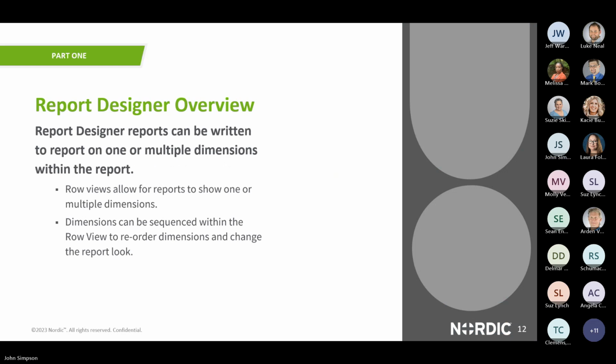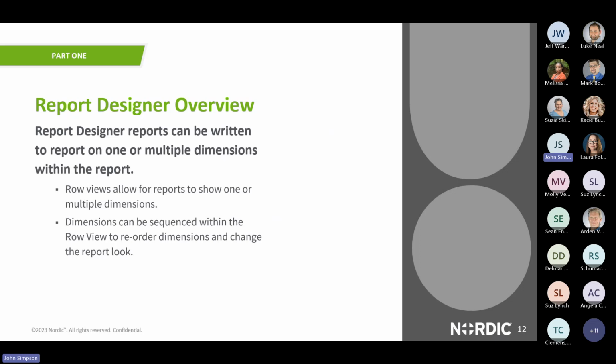Just to bring this back, like I was talking about before when we were talking about report view, you can make one or multiple dimensions in your reports, and you can take those dimensions and reorder them. You may want an account and then have your departments showing for a particular account.